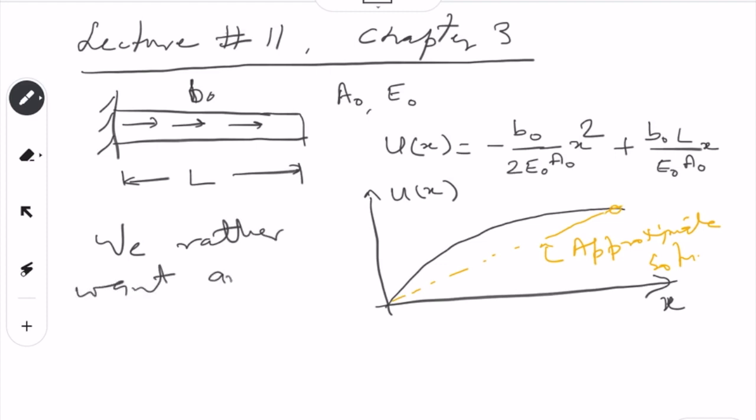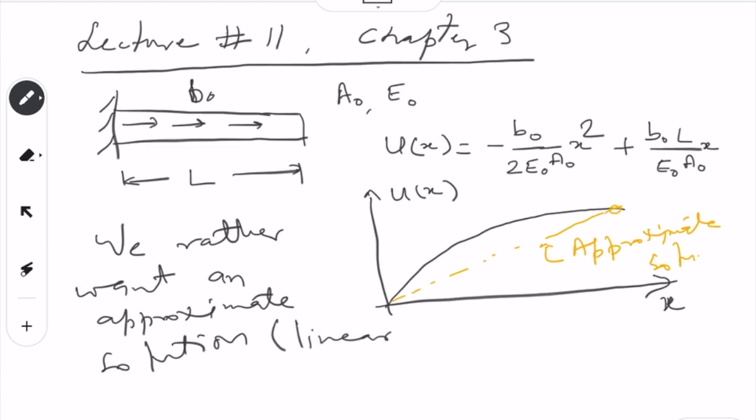So let us assume we rather want an approximate solution, say linear. Then what to do? What we want is something like u x equal to alpha x plus beta.